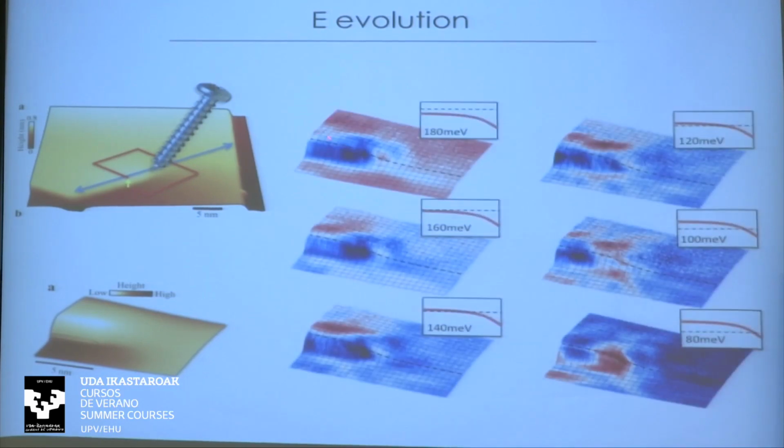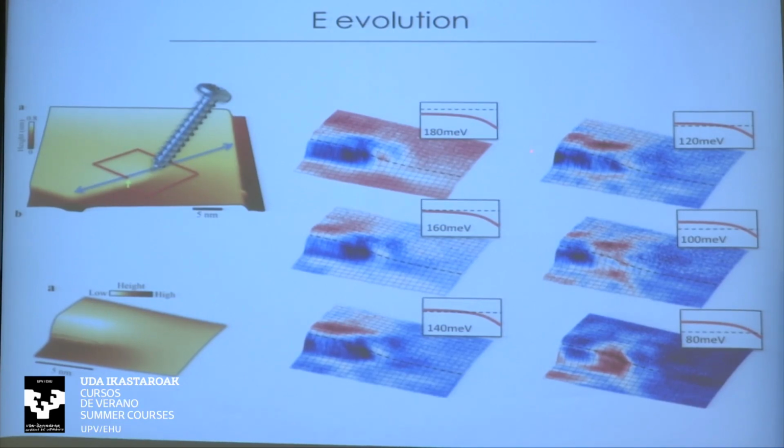I hope you've seen it. This is this guy, basically. This is the energy where we start to see it, and we even see it approaching the screw dislocation. The reason we think we see these dynamics of the edge mode is the huge strain induced by the screw dislocation. The screw dislocation does change the details of the band structure, of the dispersion.